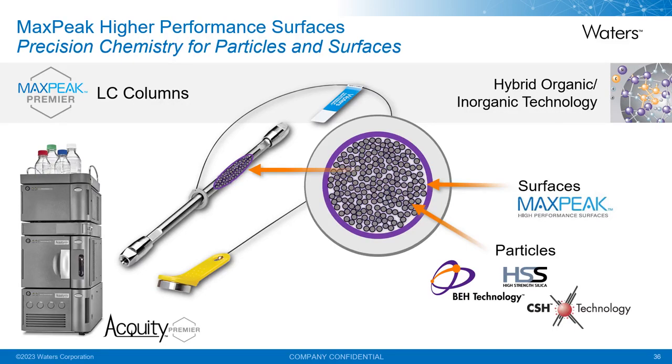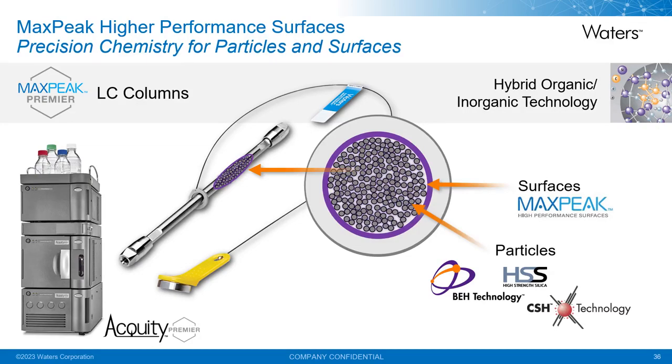The first iteration here was to take advantage of the hybrid organic inorganic silica surface. It's very similar to the XBridge and BEH hybrid particles. Again, this was purposefully intended for chromatographic separations. You can see here in the diagram, we take the hardware itself and we actually use this resilient, highly cross-linked layer containing the ethylene bridged siloxane groups with the actual hardware.